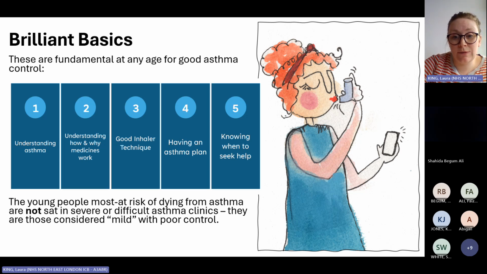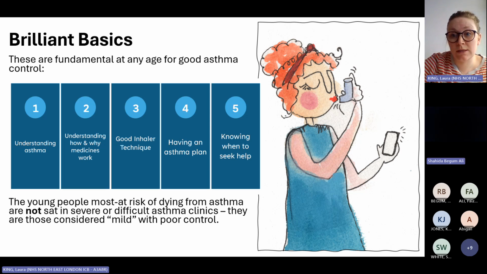First and foremost, if we're thinking about asthma at any age, and I do interchangeably say children and young people, so I apologise for that now, there are what I like to call the brilliant basics, sometimes called the five pillars of asthma care. These are fundamental at any age, including adults, for good asthma control. Unsurprisingly, number one, understanding asthma.